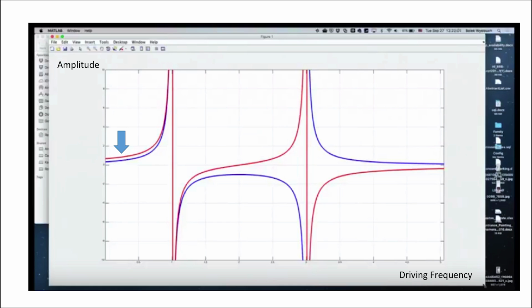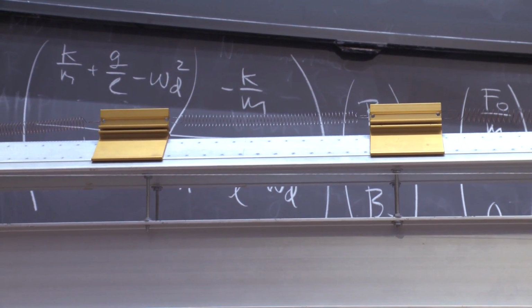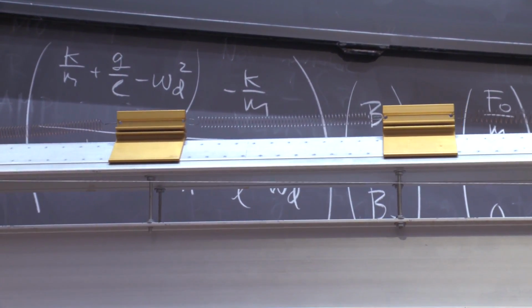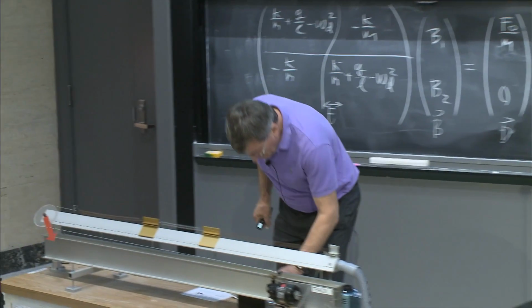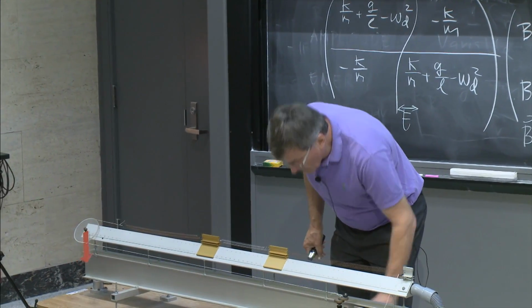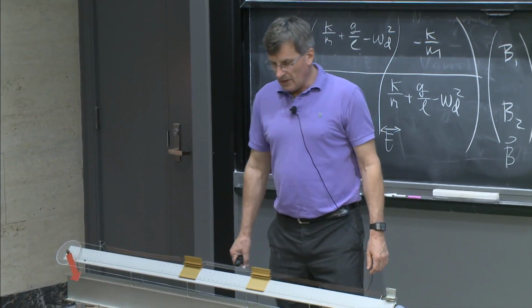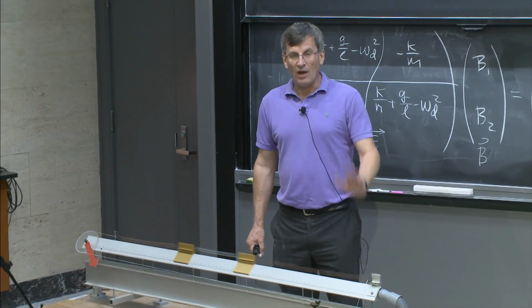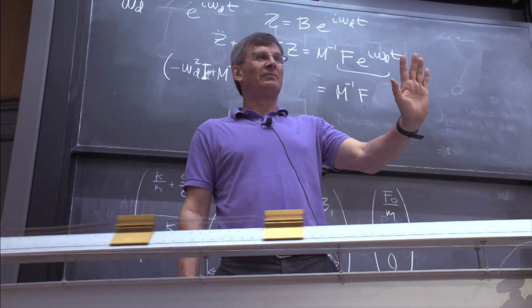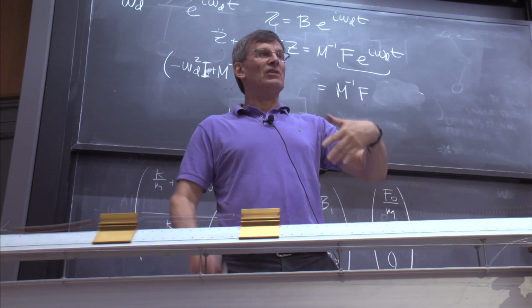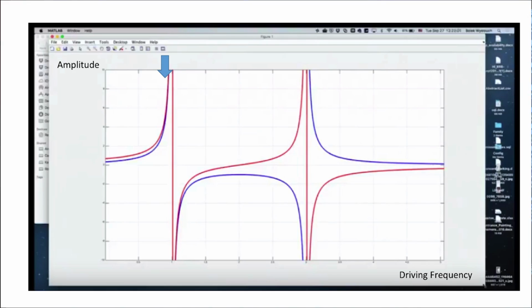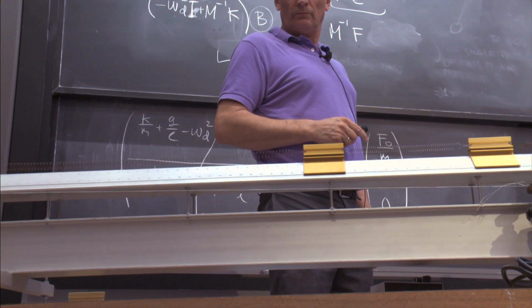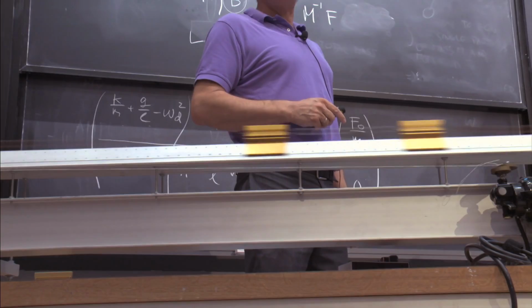So let me now crank up the frequency and try to be in the region of oscillation. So you see, all I did is I changed frequency. The effect is enormous. I'm somewhere here now. You see? Enormous resonance.